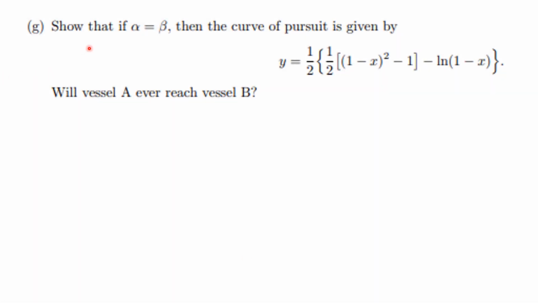Finally, part G. Show that if alpha is equal to beta, then the curve of pursuit is given by a different equation, yet a solution is y is equal to 1/2 times, 1/2 times (1 minus x) squared minus 1, minus, and that's all being taken times this 1/2, the natural logarithm of 1 minus x. And then we close with the question of, will vessel A ever reach vessel B? And you are to answer that question and explain your answer.